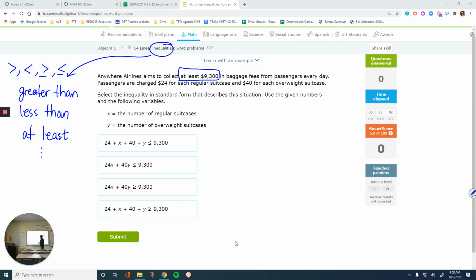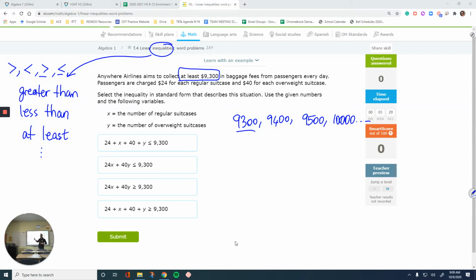It could be 9,400 because it says at least that much. It could be 9,500, 10,000, or anything that is greater than that number. Now you see what happened? The words at least kind of turned into greater than. It may not look like it makes sense, but it is what it is.